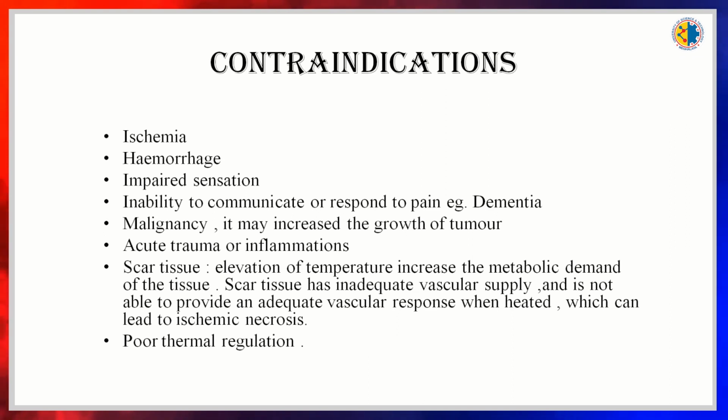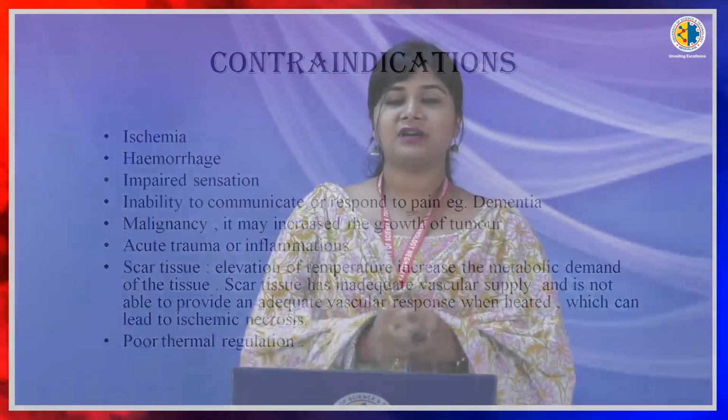Scar tissue does not have an adequate vascular supply to meet the vascular response produced by heat, which can lead to necrosis or ischemic necrosis. And last but not least, poor thermal regulation. A person who has poor thermal regulation has a contraindication for heat therapy.